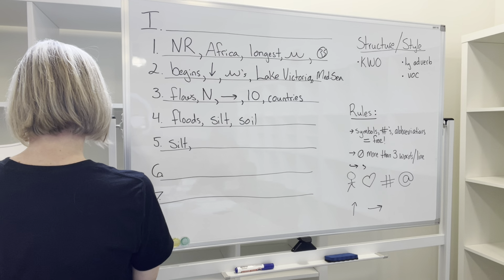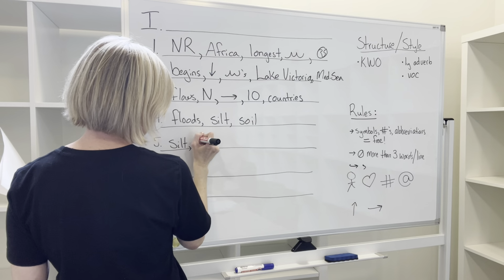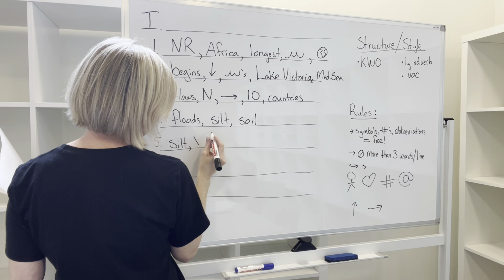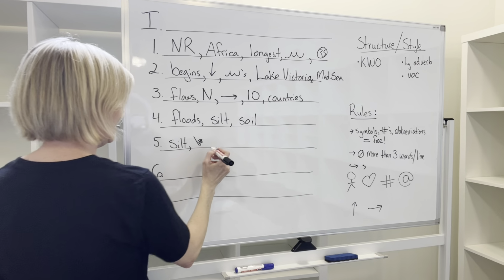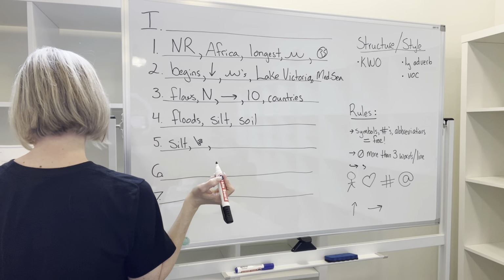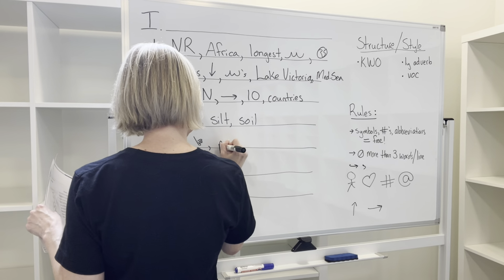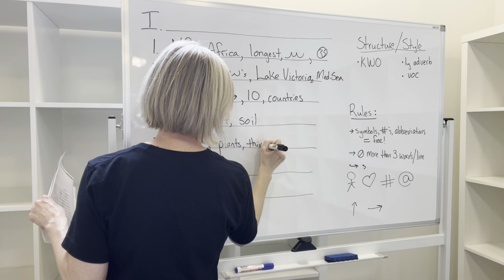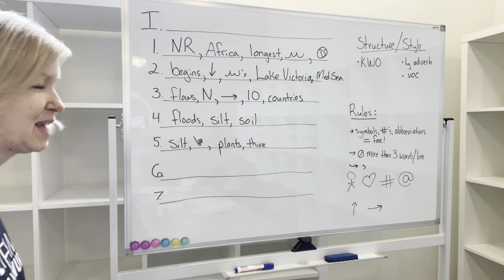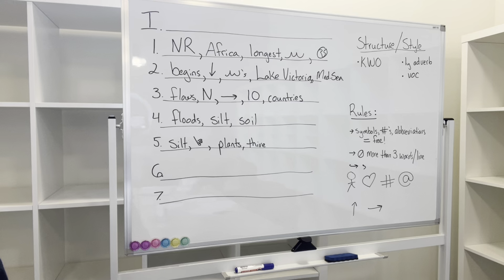Trying to think of maybe a little helping hand. Don't judge me for my little symbols. There's my helping hand. The silt helps what? Plants thrive. Okay, have a little helping hand, helping the plants thrive.